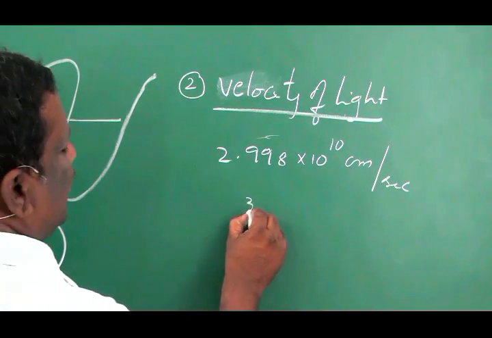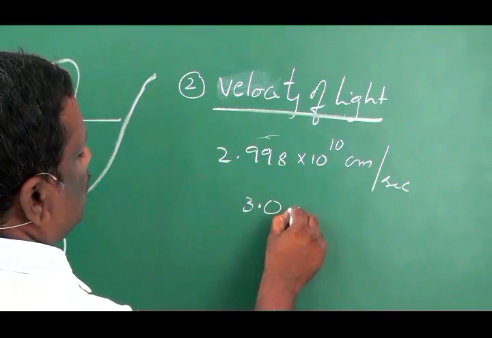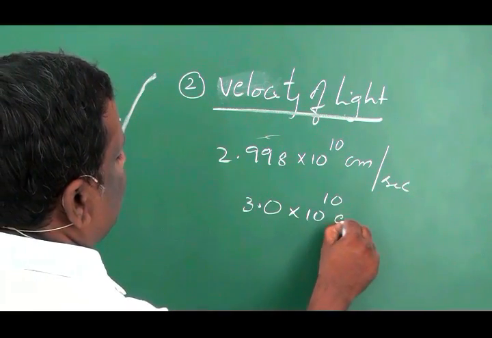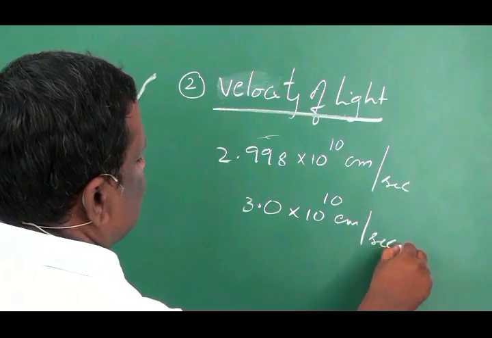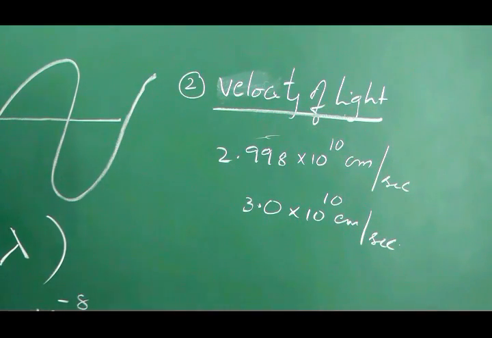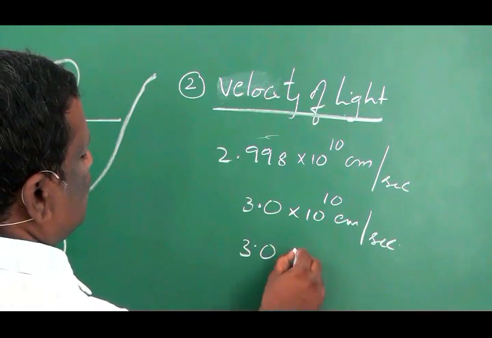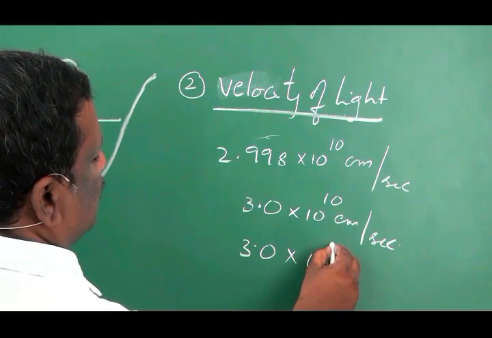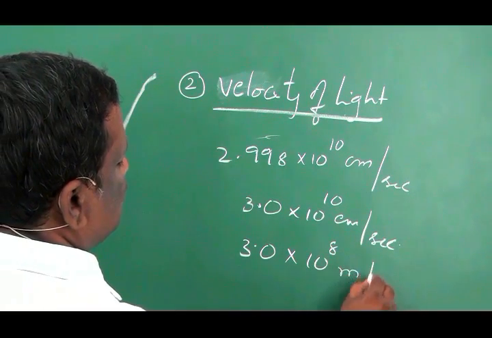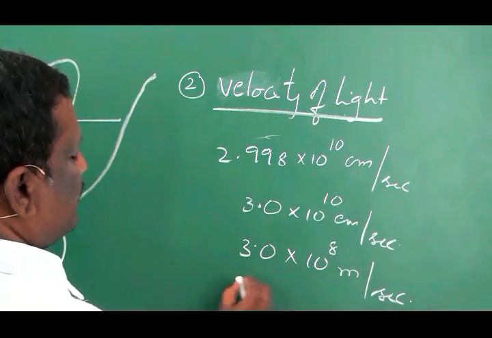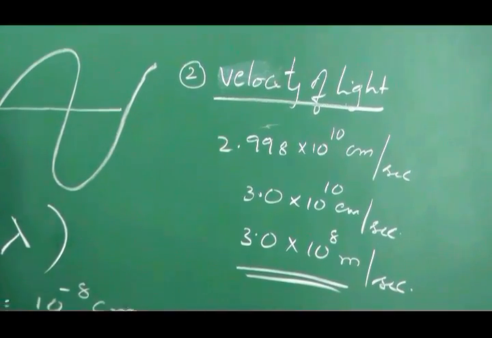Generally, we express it as 3.0 into 10 to the power 10 centimeters per second, or it may also be represented as 3 into 10 to the power 8 meters per second. This is said to be velocity of light.